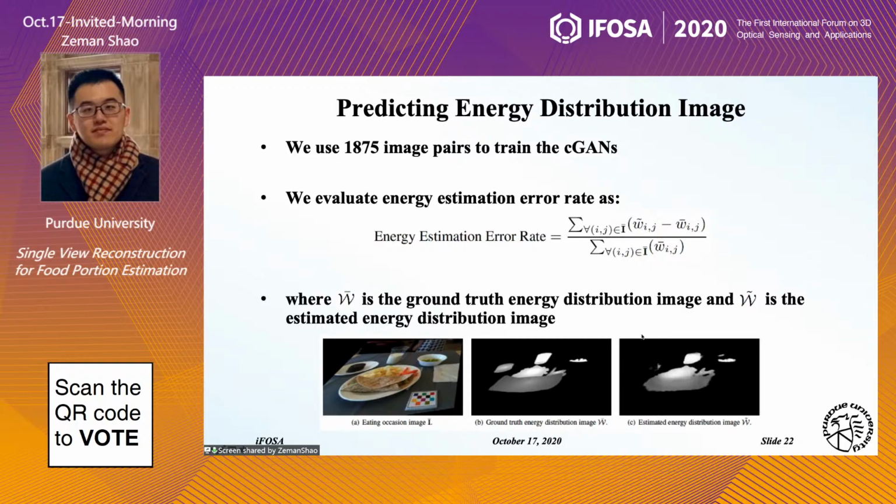So this grape is in a bowl, so we can only see the top of this grape. Therefore, the estimated distribution map is not accurate because we cannot predict the hidden things. So obviously this error will be accumulated to the final value in estimation.